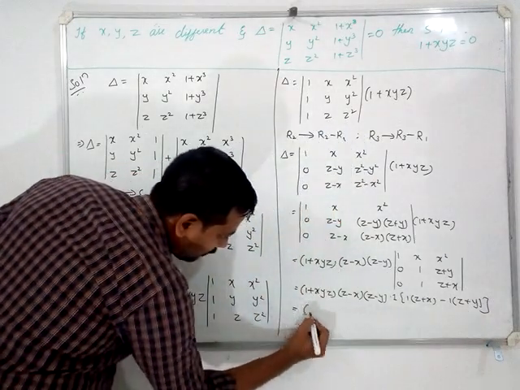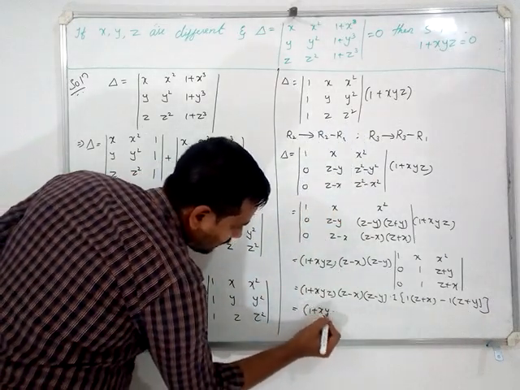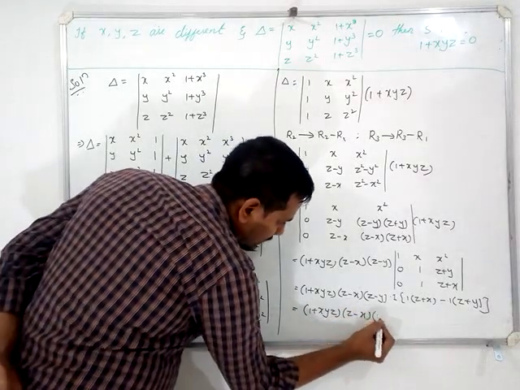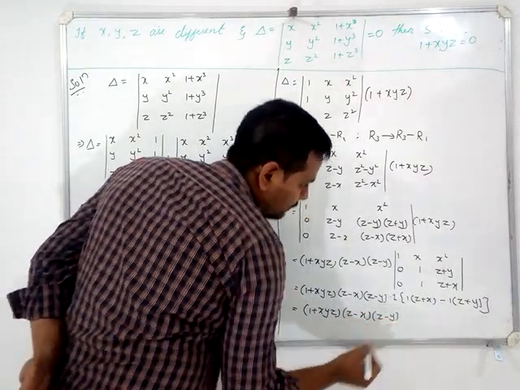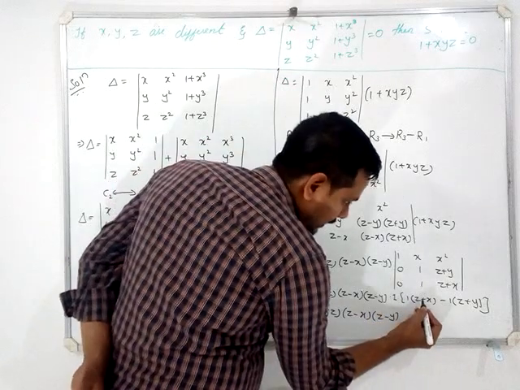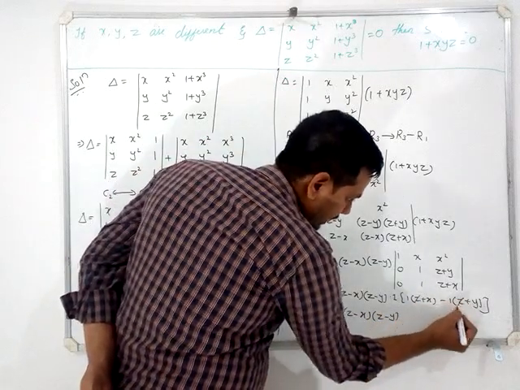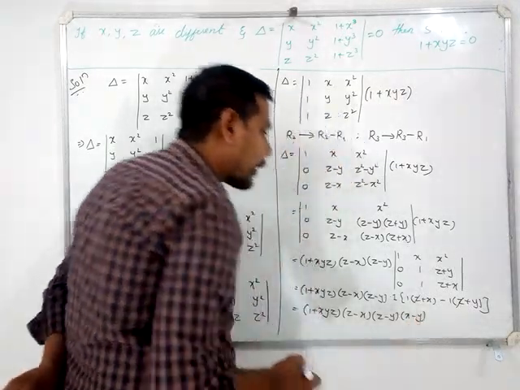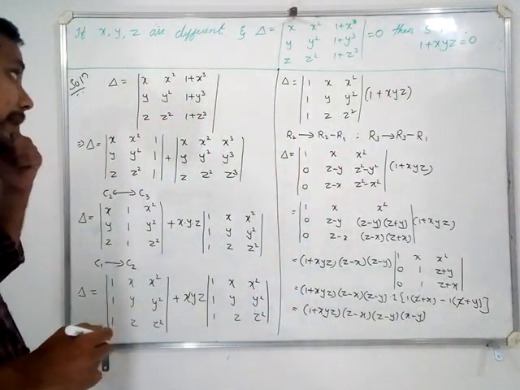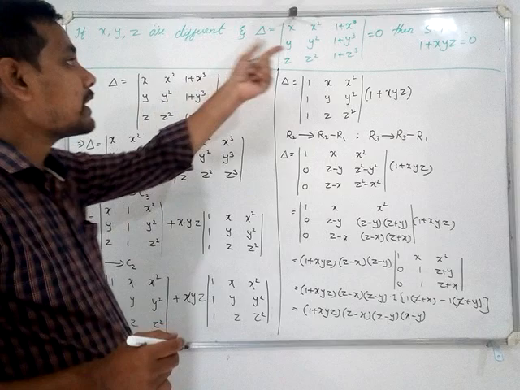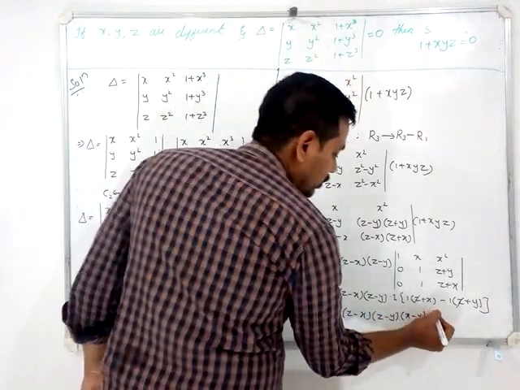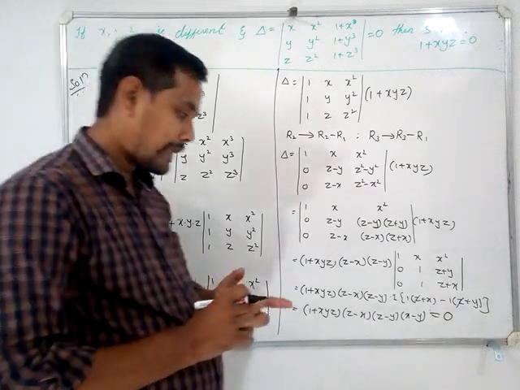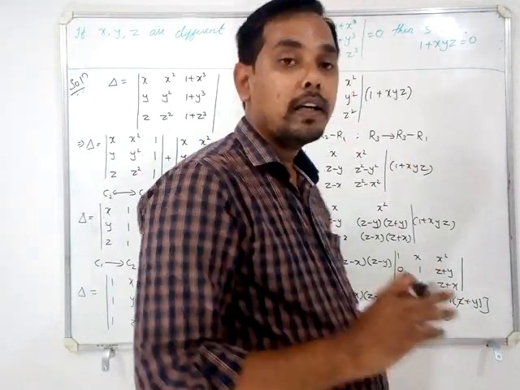So this will be 1 plus xyz into z minus x into z minus y, right? So plus z minus z cancels, into x minus y. Okay, so this is the value of this determinant. But what about the value of the determinant? They have given it as equal to 0. So this particular equation will be equal to 0.